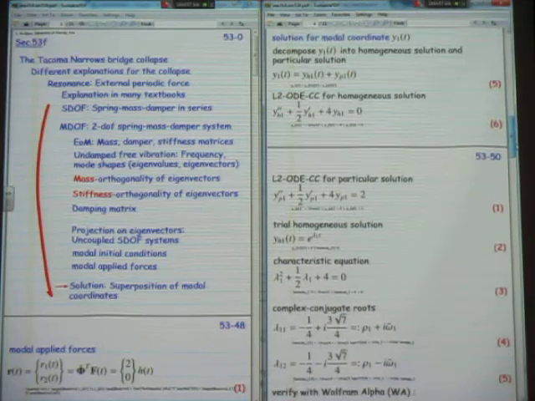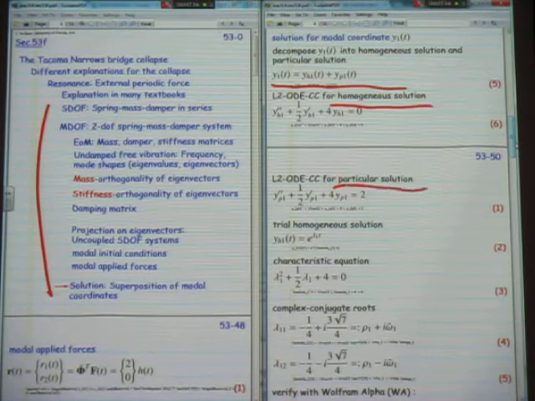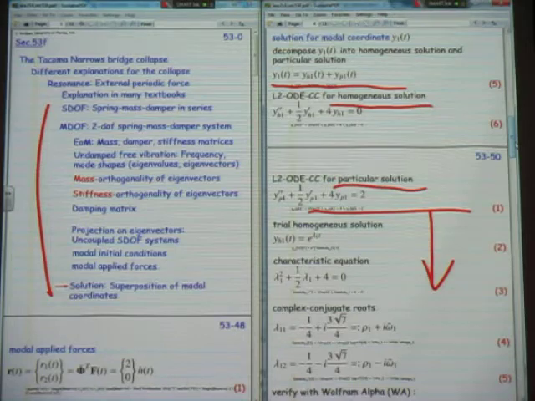And then in the solution for mode 1, right, we reviewed the decomposition into homogeneous problem and particular problem. So this is the homogeneous problem, and this is the particular problem. And down here is the solution for the homogeneous problem, right?